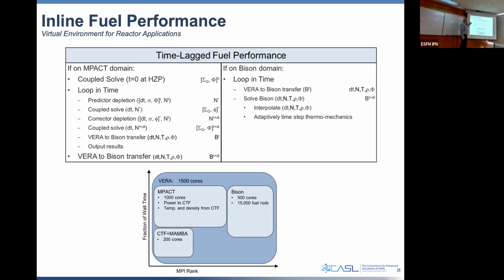But we assume that the built-in temperature model inside of Cobra-TF is just fine. With that approach, we went from 1,000 to 1,500 processors, but now we got all of that extra information from the fuel performance. It didn't slow down. It's still a 16-hour calculation. It's just instead of 16 hours on 1,000, it's 16 hours on 1,500 processors. And if you have a big computer, why not? Any questions?